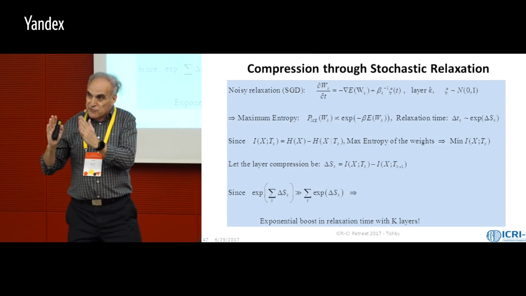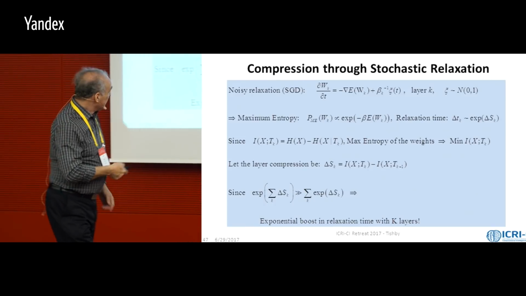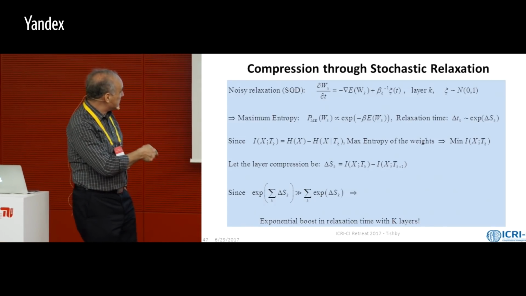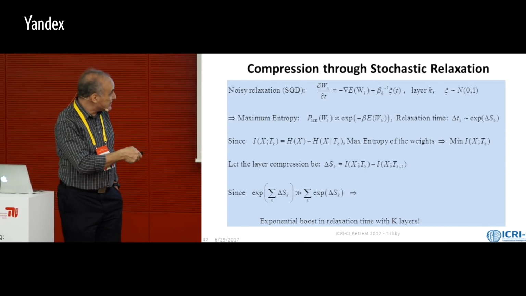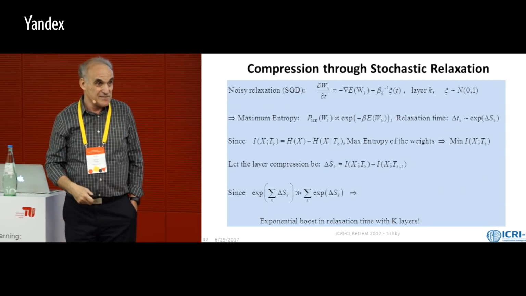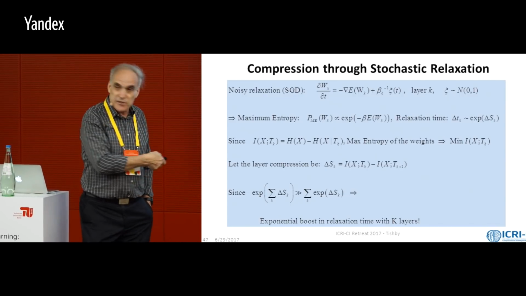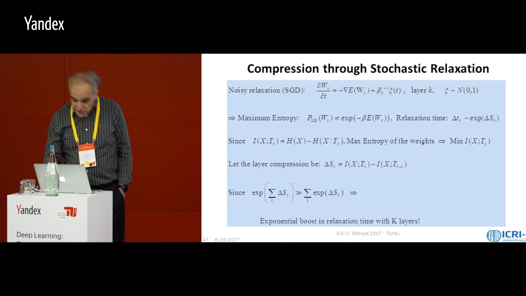So if I compress one of them, because of this Markov chain, they all move. Instead of having one exponent of the sum of all the compressions, I have a sum of exponents. Each one of them is compressed in parallel in some sense. So this is an exponential boost in the number of training epochs.